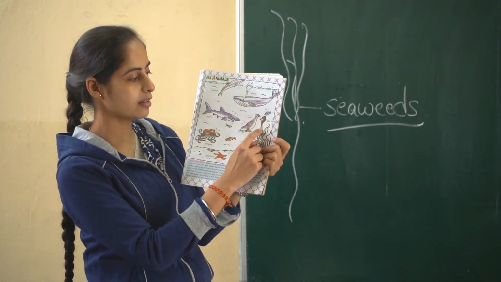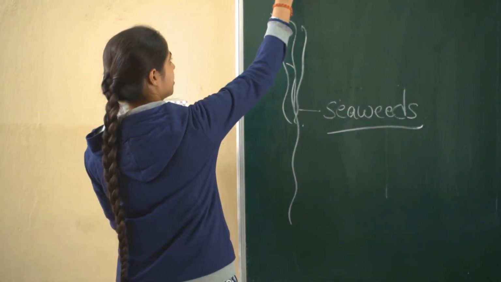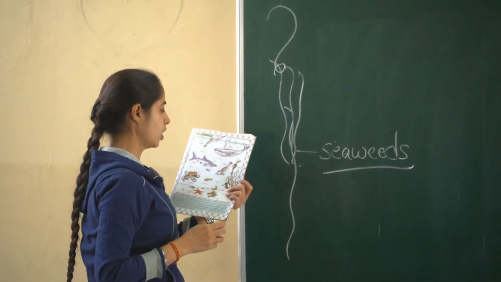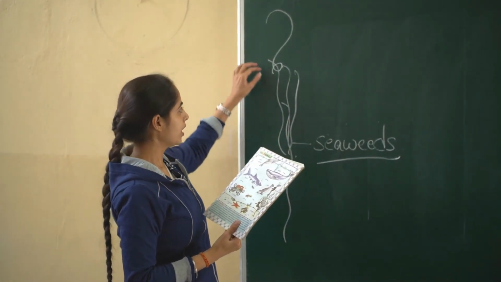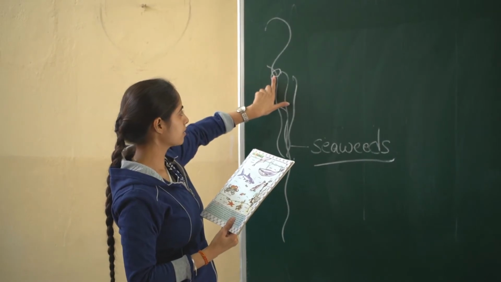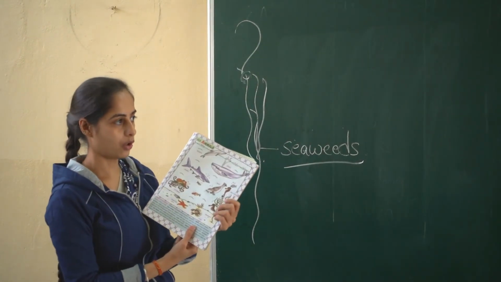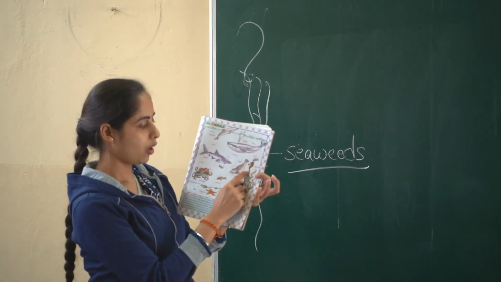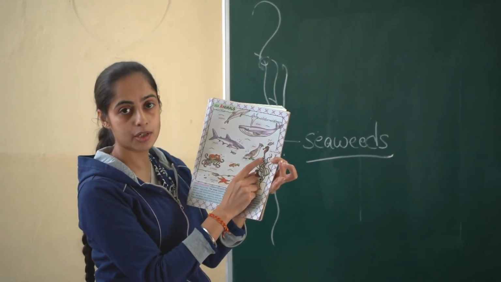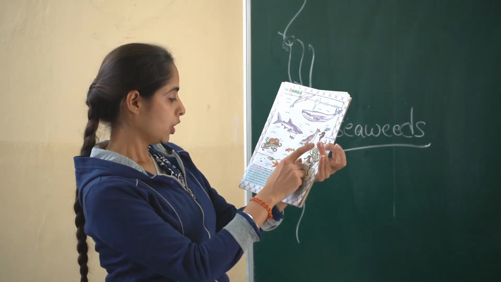You can see this. The seahorse is here and it catches like this. Now children, why have I drawn and done it like this? I have mentioned this specifically because the seahorse catches the seaweed, the plant which grows inside the water. Why?